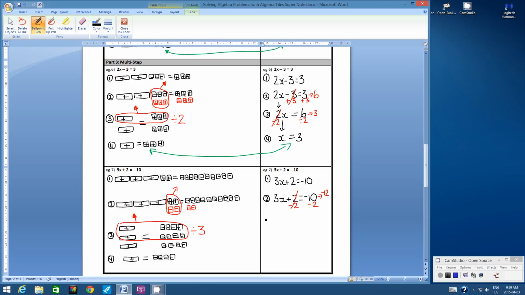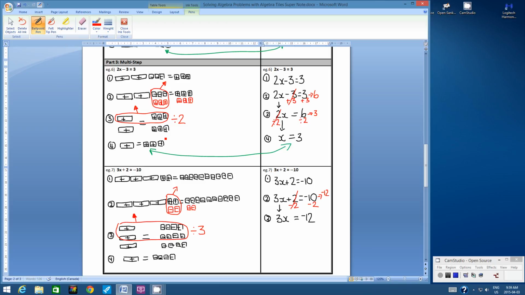Okay. Step 3, let's write what remains. Well, what remains here is 3x, then we have equals, and then what do we have? -10 minus 2, we already said is -12.